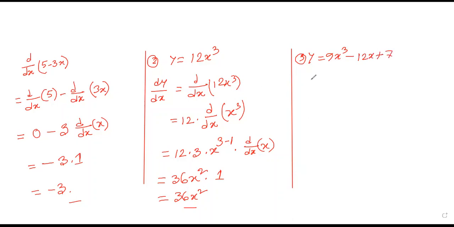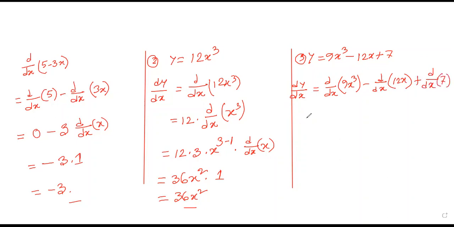Now, if we differentiate it, we'll have to differentiate separately all of the terms. So dy dx of 9x cubed, easy, but be careful. Dy dx of 12x plus dy dx of 7.